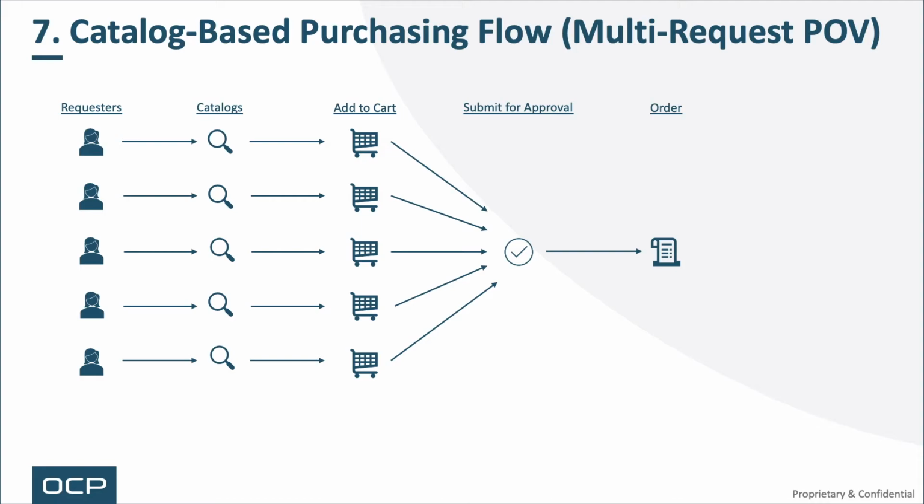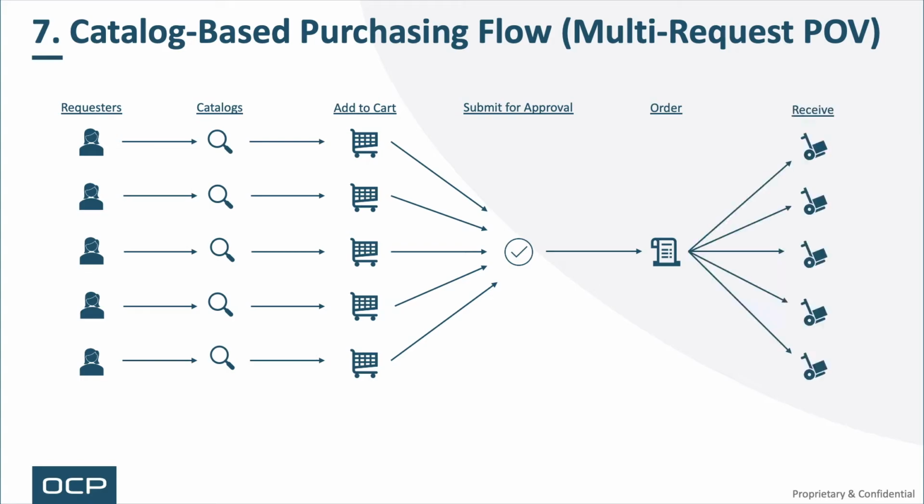Then they get auto-generated into an order, because they're catalog-based. And that order comes back to those requesters to receive what they've been shipped. Now, there are some instances where larger items or inventory items go to a dock. But for the simplicity of casual requesting and online purchasing, let's say these catalog items get received by the requesters at their desk.